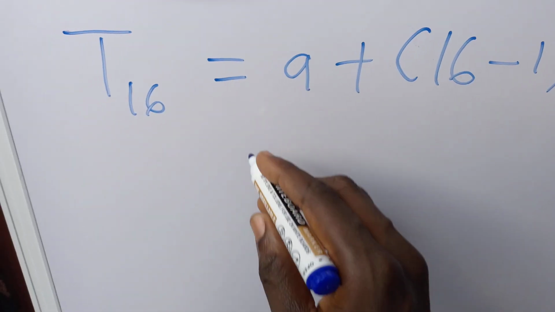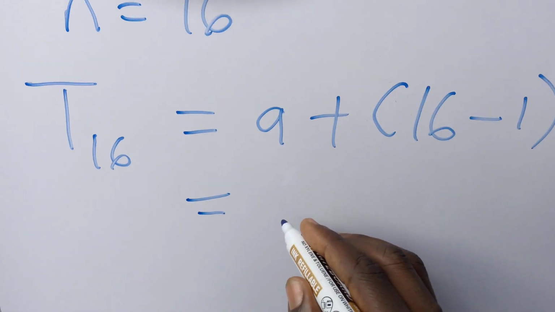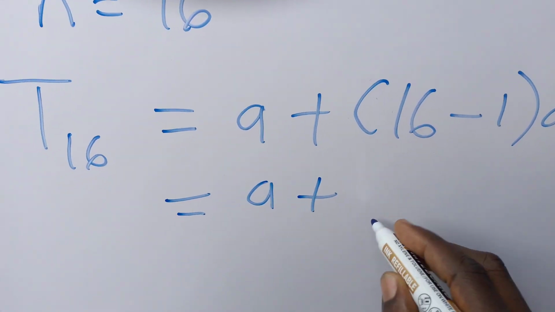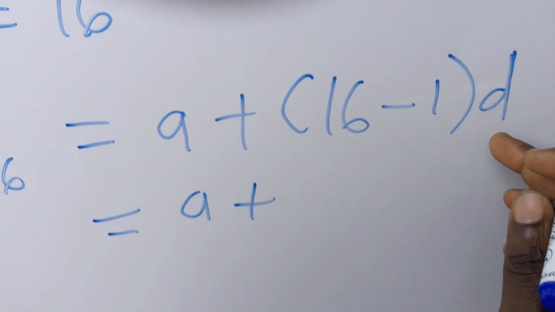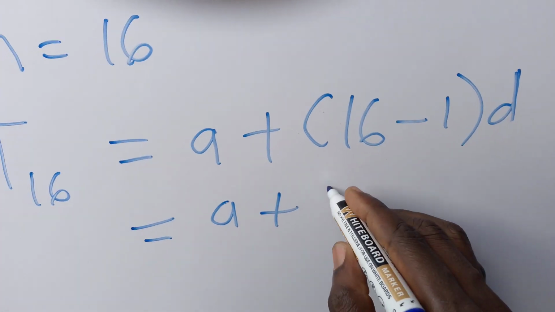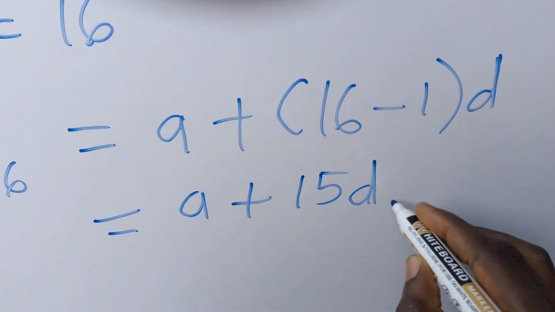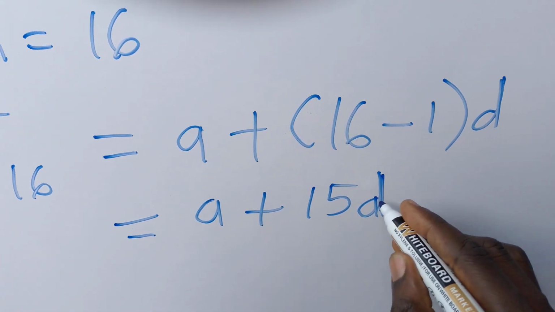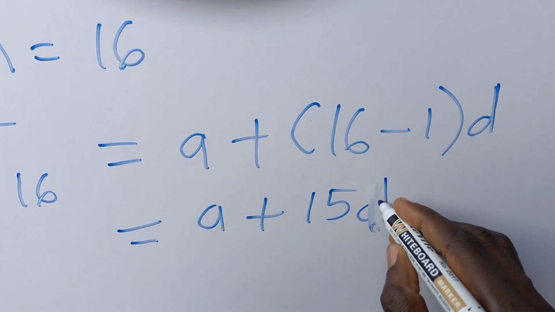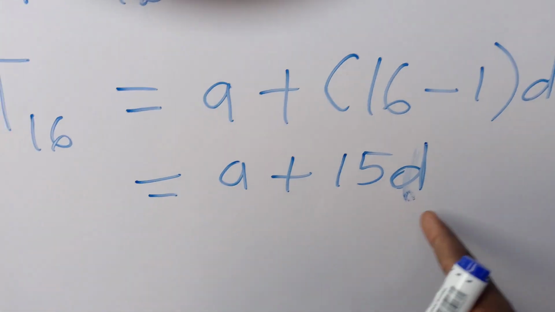This will give us a plus, 16 minus 1 is 15, multiplied with d, you have 15d. So you'll be having a plus 15d.